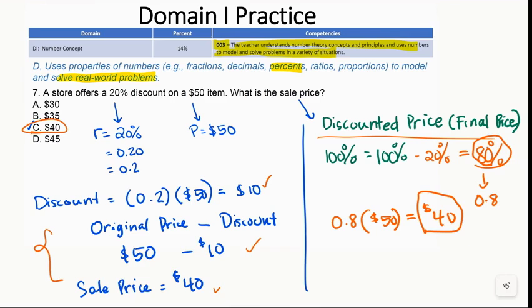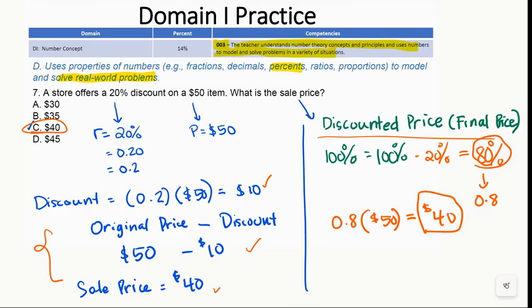The price is 100, okay? So what multiplier are you going to use? Is it the 15% or the 85%? The 85%, no? Because you're looking for the final answer, how much you will pay.